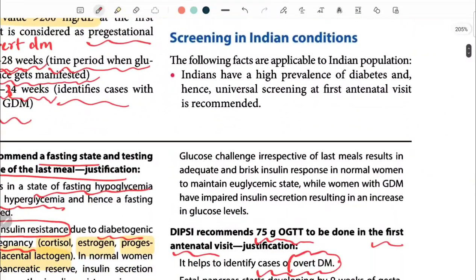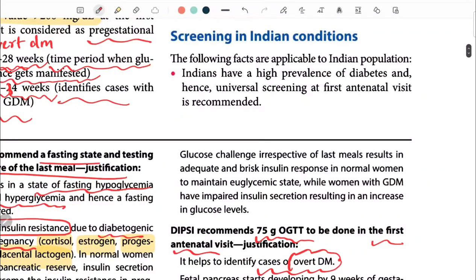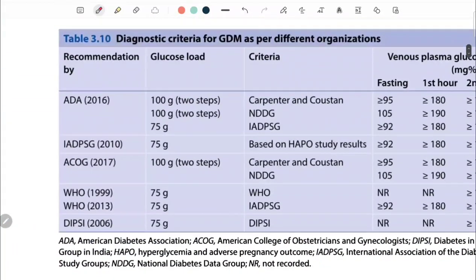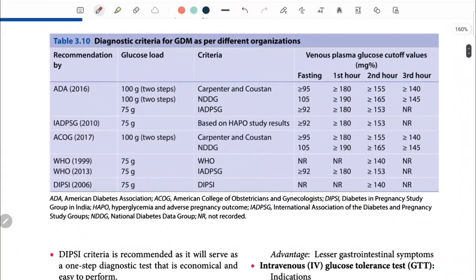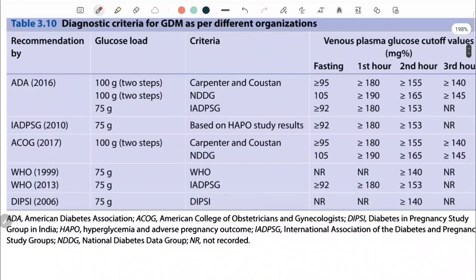So, regarding screening in Indian conditions, the following facts are applicable to the Indian population. Indians have a high prevalence of diabetes, and hence universal screening at the first antenatal visit is recommended. So this is the diagnostic criteria for GDM as per different organizations.